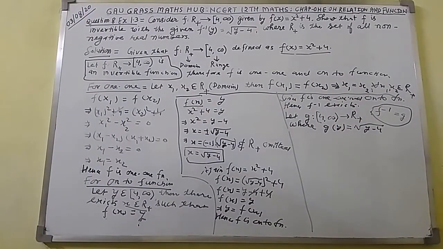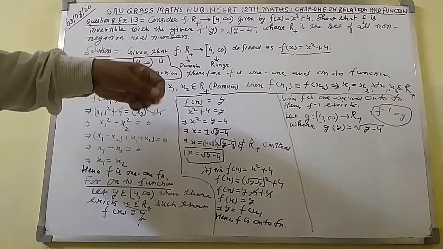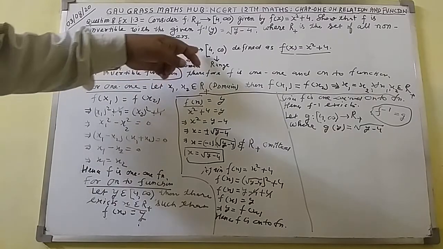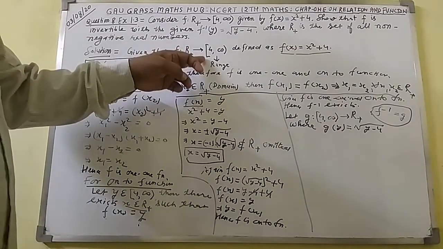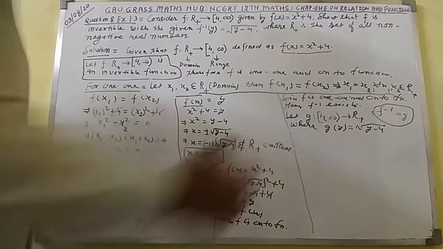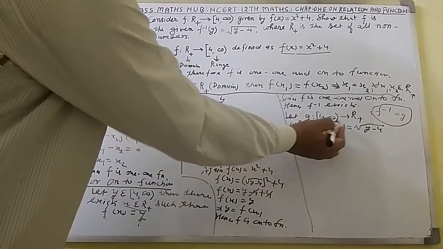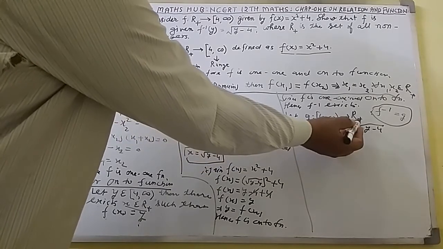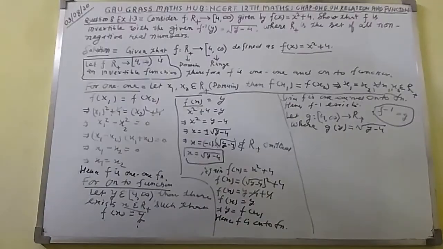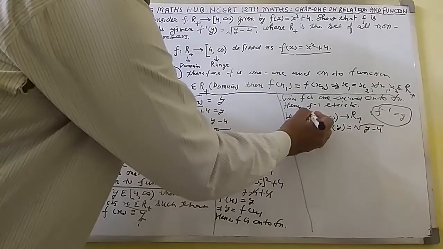So what to do here? Now you have got f is from the set of positive real numbers to the closed interval 4 comma infinity, open interval, and here I have got g is from the closed interval 4 comma infinity, open interval, to the set of positive real numbers.